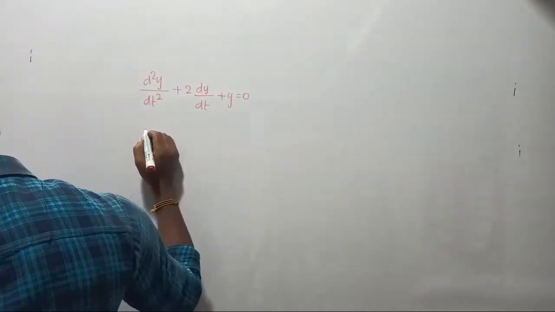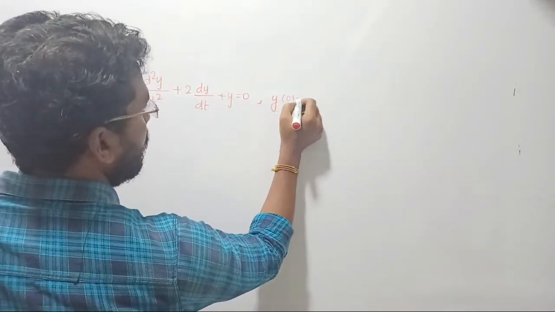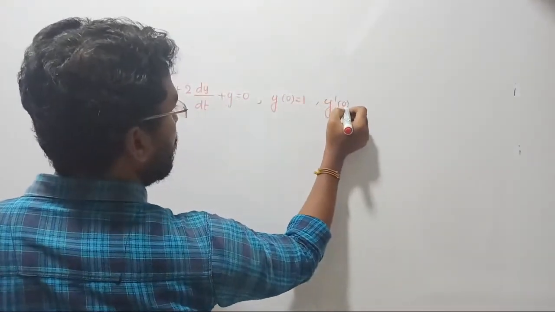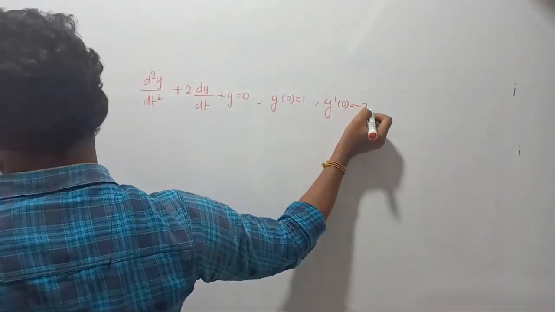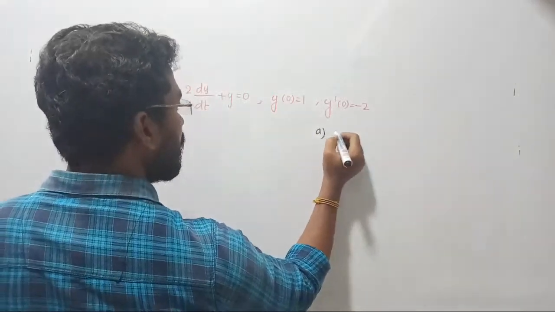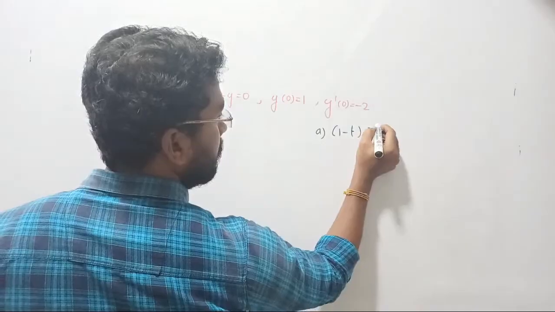The second thing is the conditions given with this: y of 0 equals 1, and y dash of 0 equals minus 2. Now there are 4 options. Option A: 1 minus t into e power minus t.